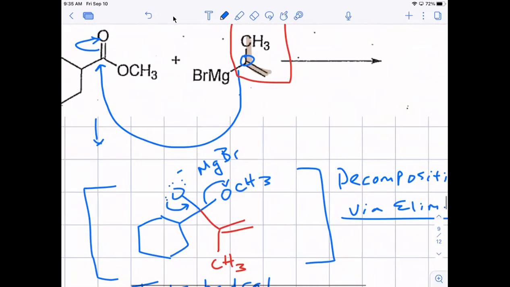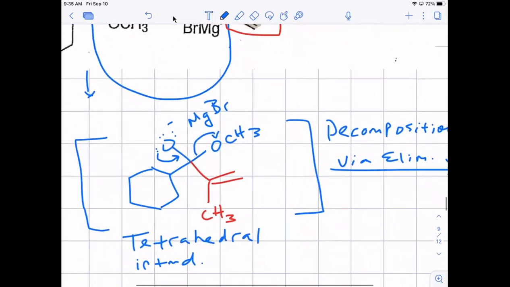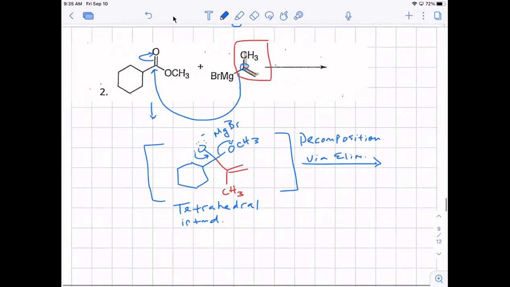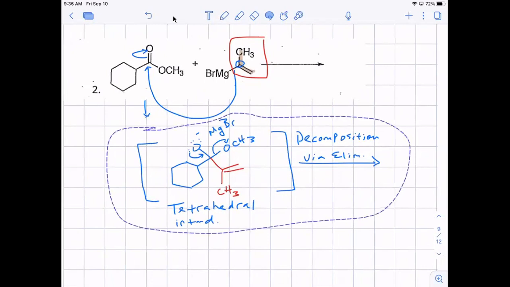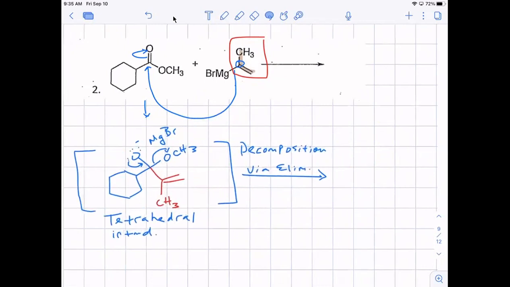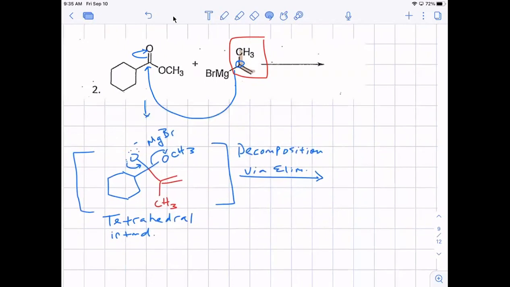I added, and then my addition product was the intermediate, and then after that, that's going to decompose through elimination. Let me move this over some so I can draw. Right, so this is going to actually give me a ketone.